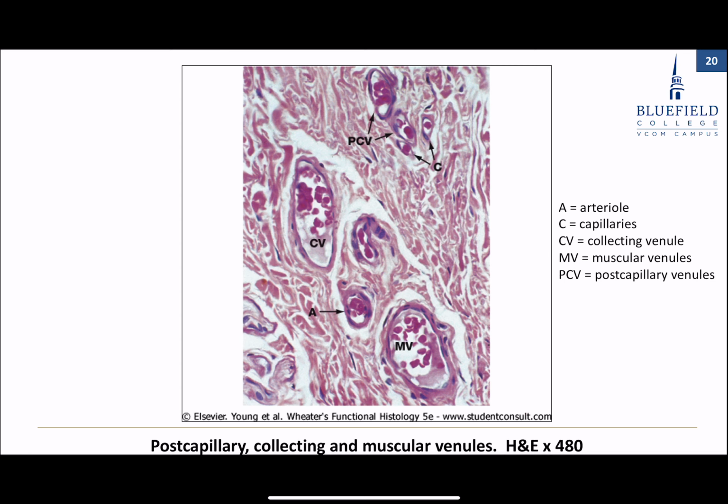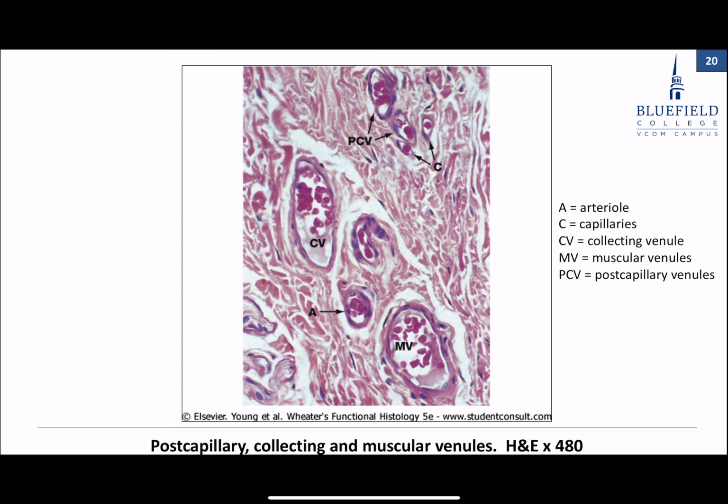Now, postcapillary venules will drain into collecting venules, which are labeled CV. We do have some capillaries labeled C. I should have pointed those out up here earlier. If you take a look, multiple postcapillary venules have merged together into a collecting venule. Okay, and then the collecting venules will merge into a muscular venule.